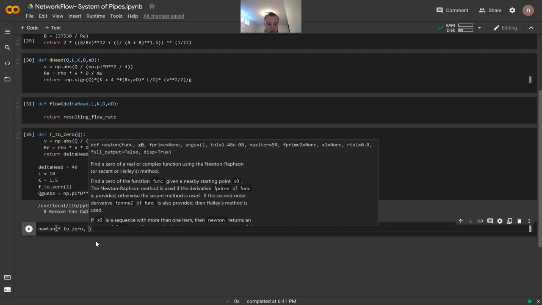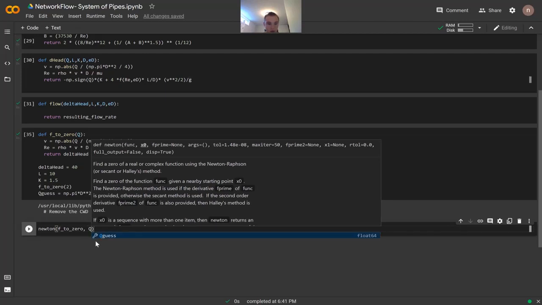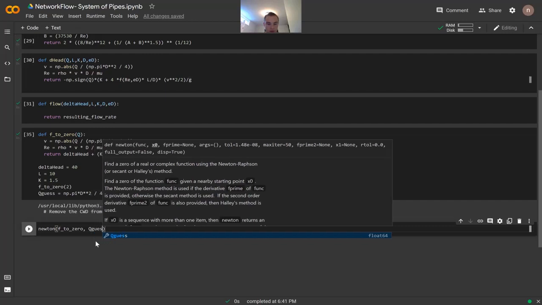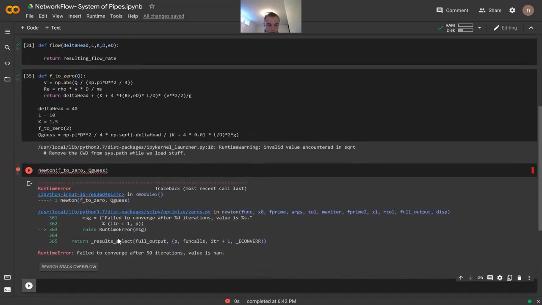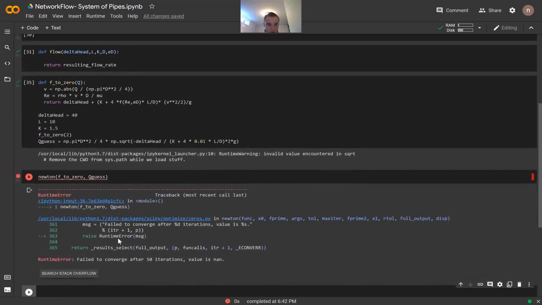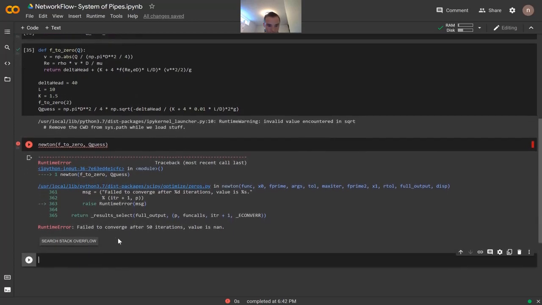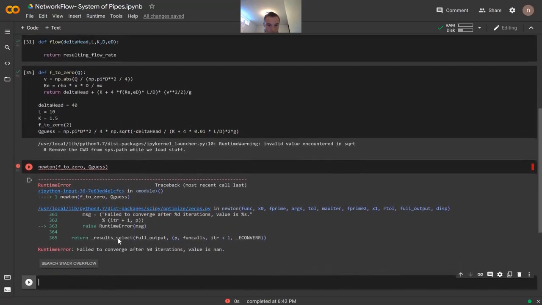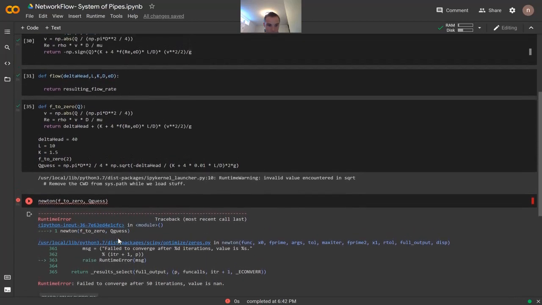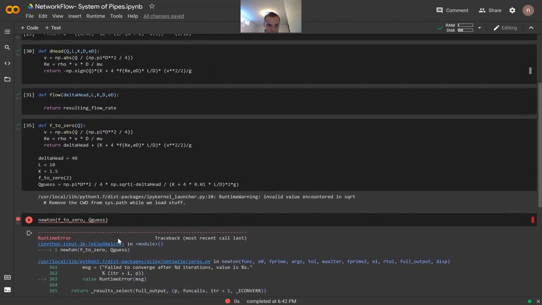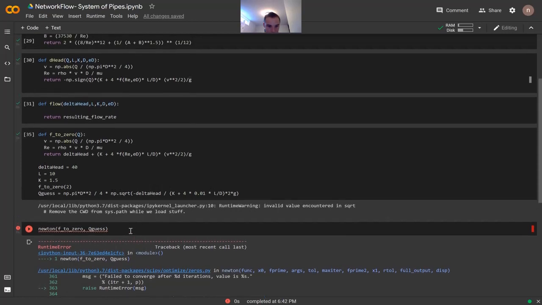When we give an initial value of 0.01 to the Fanning friction factor, this will allow us to calculate. So we'll go ahead and run that. It seems that we're getting an error right here. Let's see, failed to converge after 50 iterations. Not sure what I'm doing wrong here.